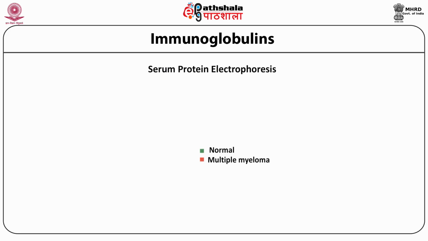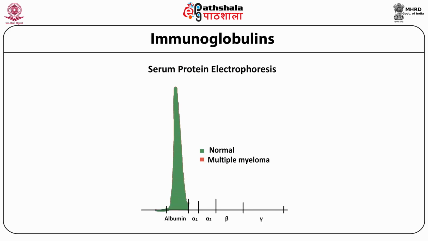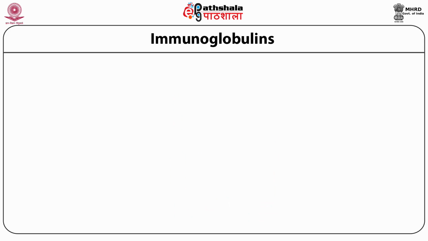The figure here shows the pattern from the protein electrophoresis from the serum, both for a normal person as well as from the serum of a patient suffering from multiple myeloma.